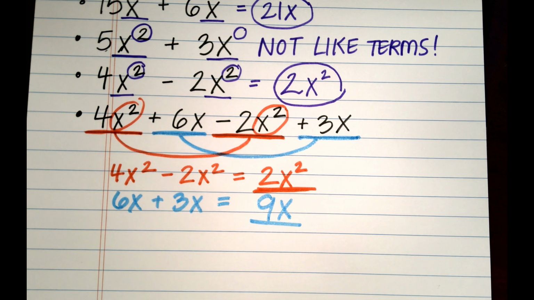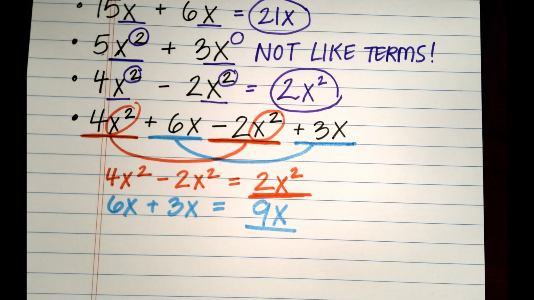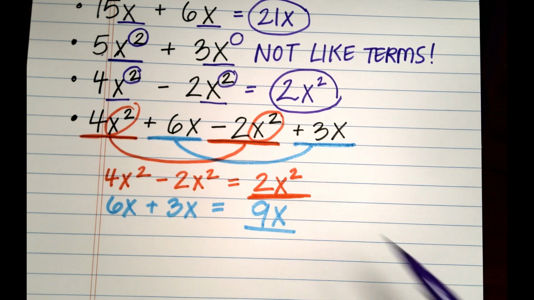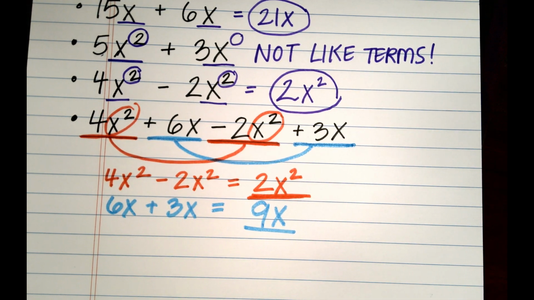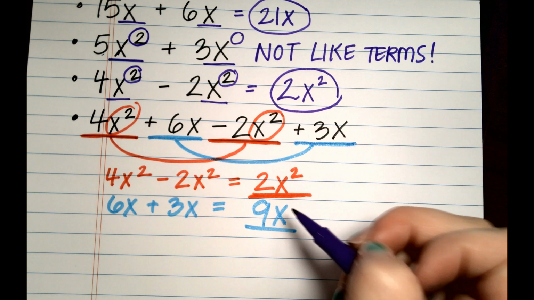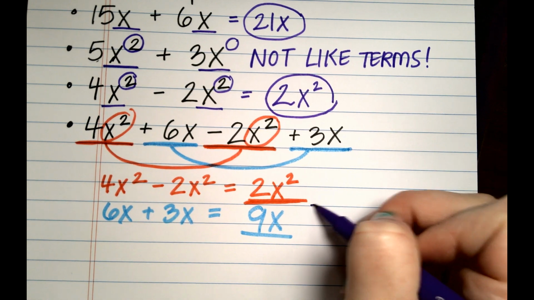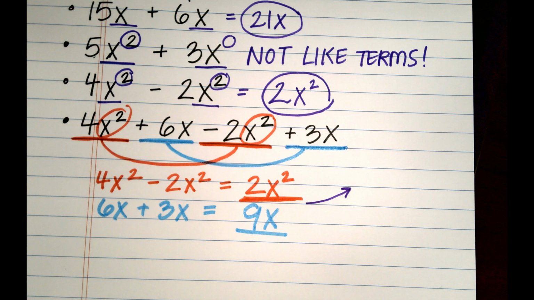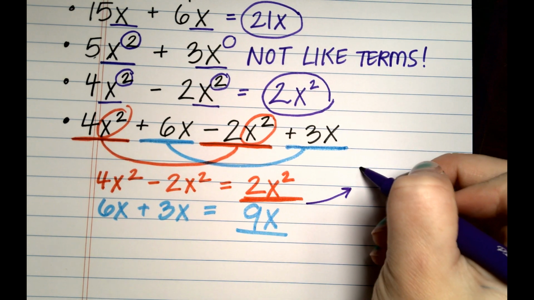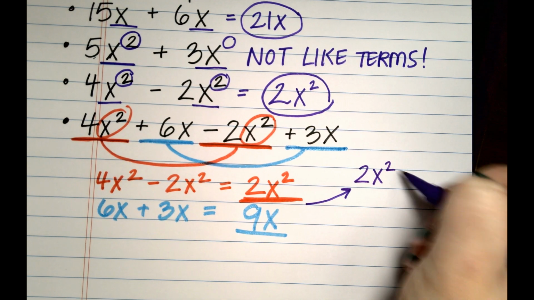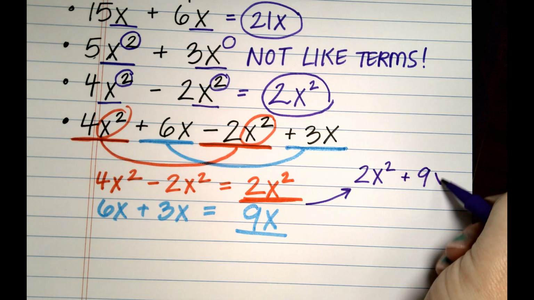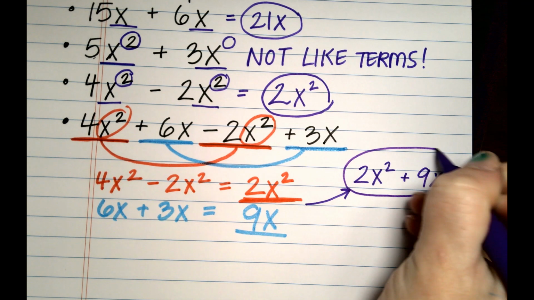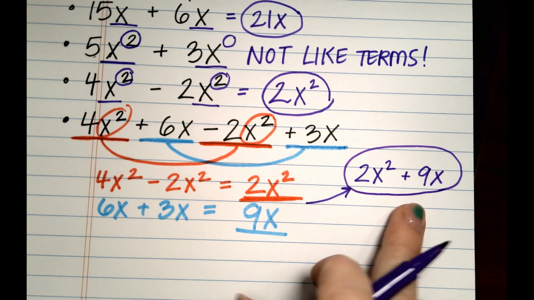If we wanted to write this as an overall total answer, we can't add these together, can we? Why not? Because they're not like terms. They don't have the same exponent. So our answer, because we cannot combine them, we just put a plus in between them. We have 2x squared plus 9x. That is as far as we can go. That would be our answer.